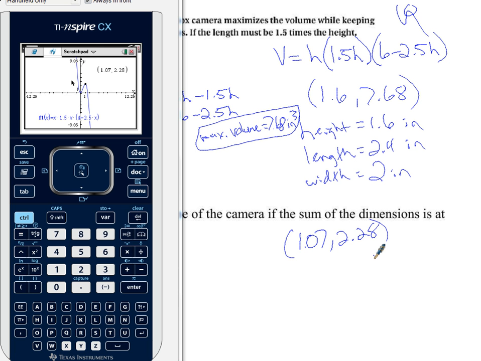So now I know that the height of this one must be 1.07. The length must be 1.07 times that.